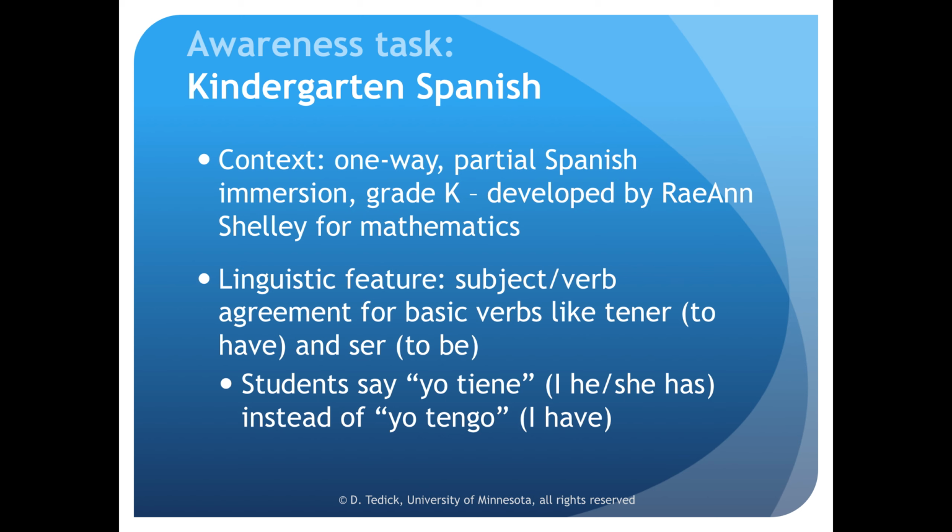So, for example, in English, that would be I have, she has, we have, okay? And for very basic verbs like to have and to be. The reason she was doing this was because students were saying things like "yo tiene," which means "I has," instead of "yo tengo," meaning "I have."